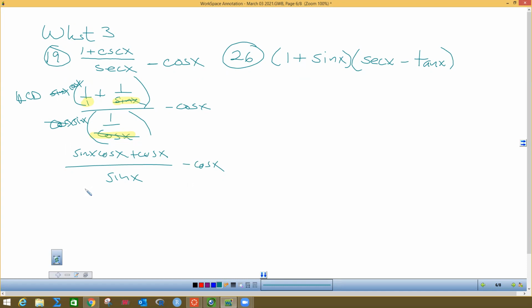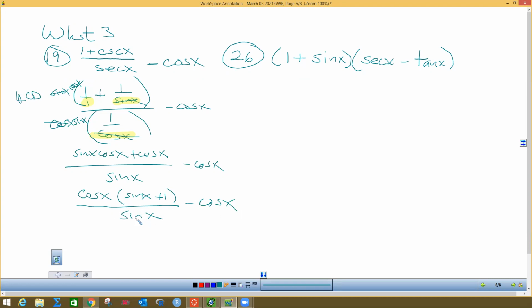On the top, I have a GCF of cosine, so I'm going to factor that cosine out. And when I take cosine out, it's going to leave me a sine x plus 1. And I'm going to have a minus cosine over here.